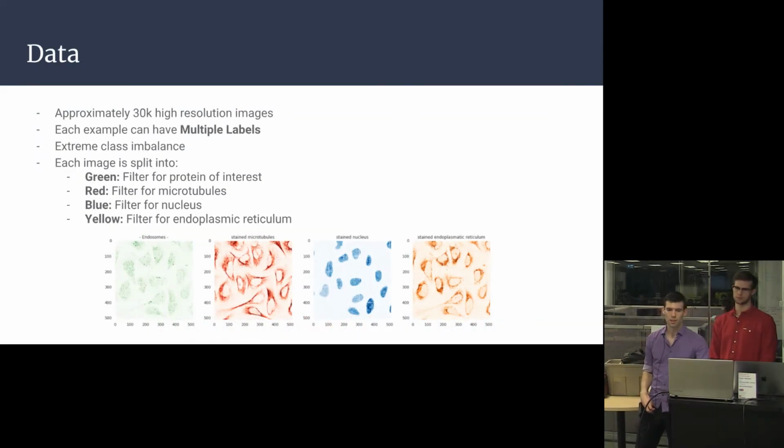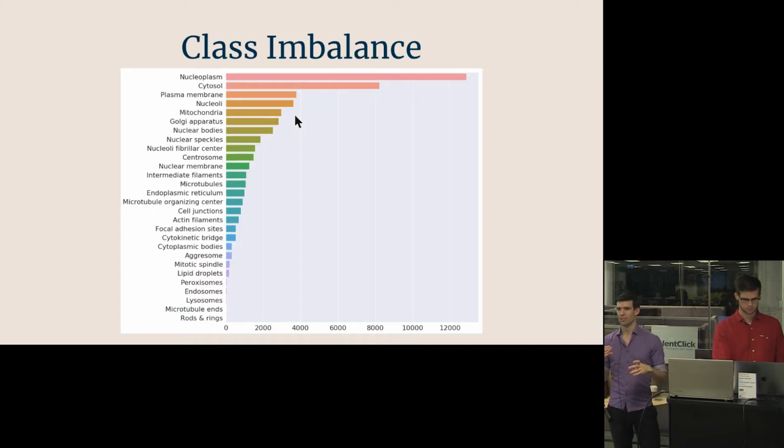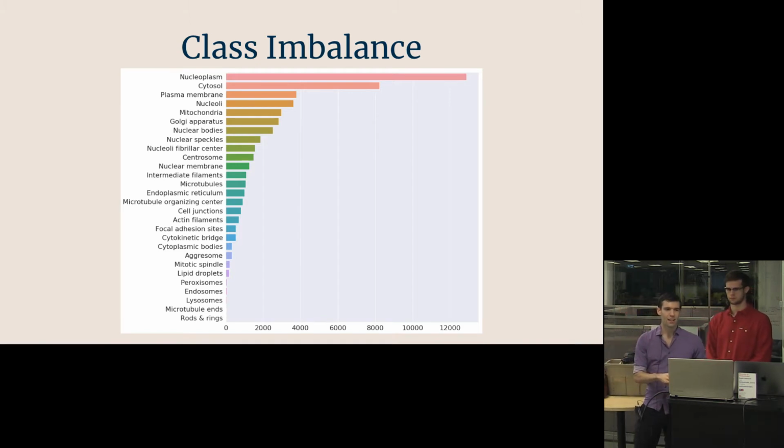So, in terms of what actually needed to be discovered as part of the competition, there were 28 different locations that were defined within the cells. So 28 different classes that the images could be considered as representing. And there was also a huge imbalance in terms of the number of images that contained an example from the classes.